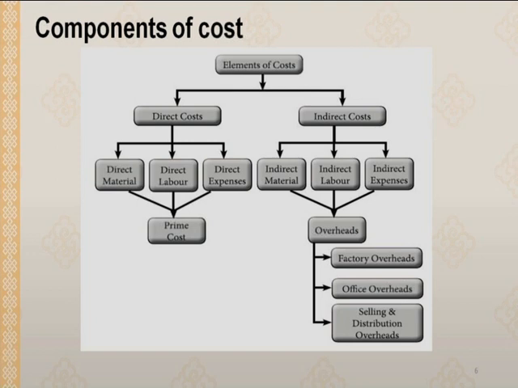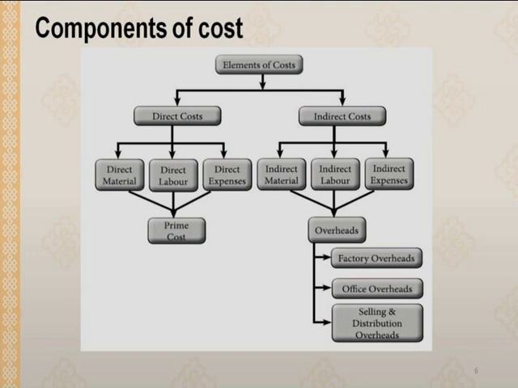So factory overheads: whatever indirect expenses are incurred or spent at the factory level, at the production level, are called factory overheads. They are also known as work overheads or production overheads. Then the second one is office overheads: whatever indirect expenses are incurred at a general level or for the purpose of administration, we call office overheads, also called office and administrative overheads.